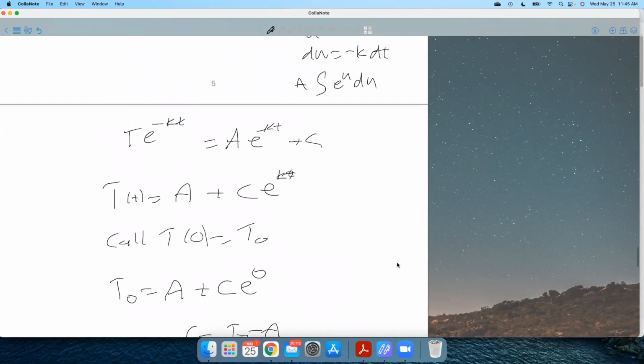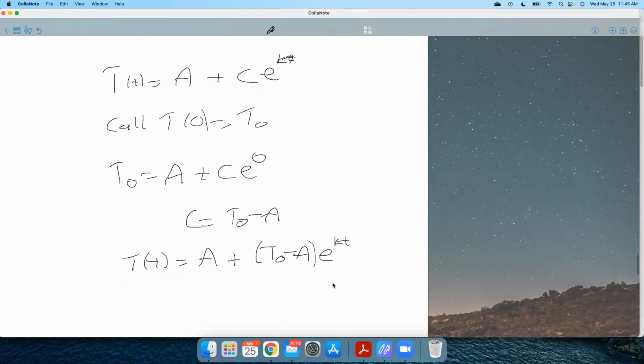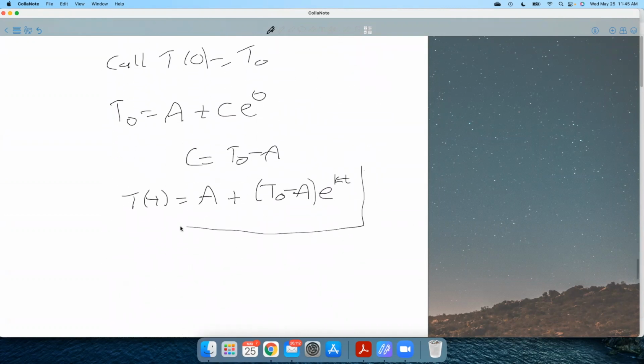I want to make sure I got my sign right. That should be plus, right? Yeah. Okay, so what we end up with is a graph that will look like this. We'll start at some initial temperature and we'll decay off because the ambient temperature is less than the temperature of my pie.